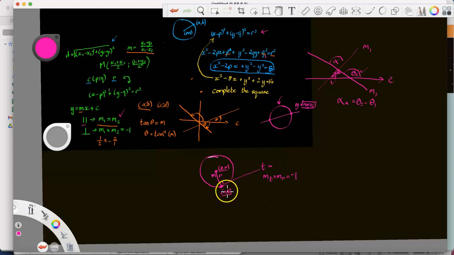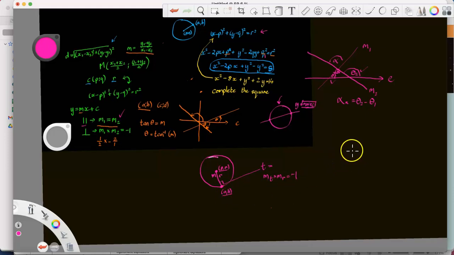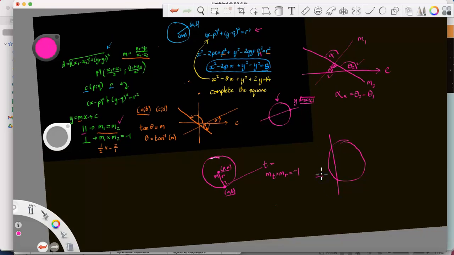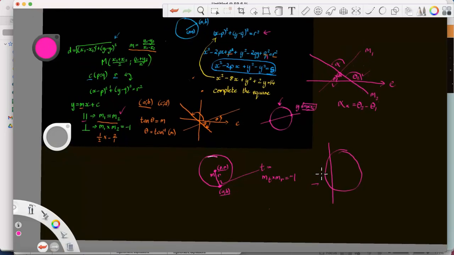What if the tangent point is here where it intersects? Right there. So you know the center maybe, but it's there at the intersection point. What if that's the tangent point?